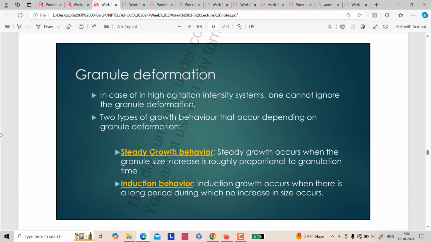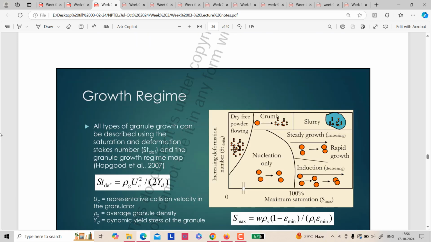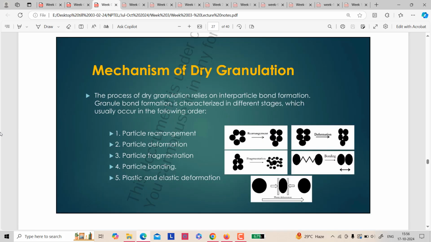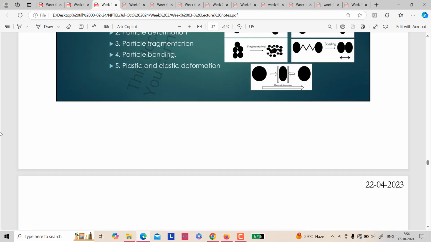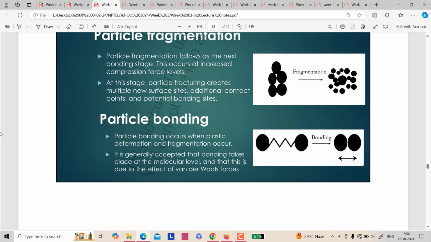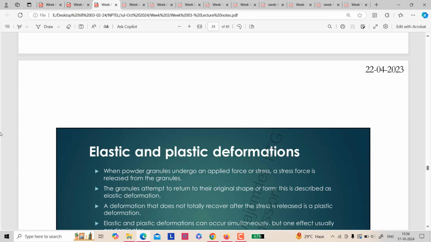This is the granule deformation, that is, granules can also be deformed. This is the mechanism of dry granulation: particle rearrangement, particle deformation, particle fragmentation, particle bonding. All come under the size enlargement process.